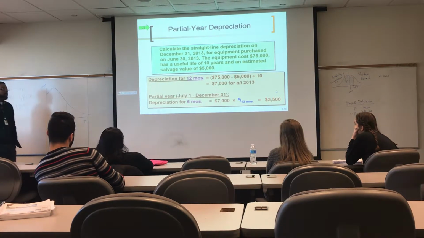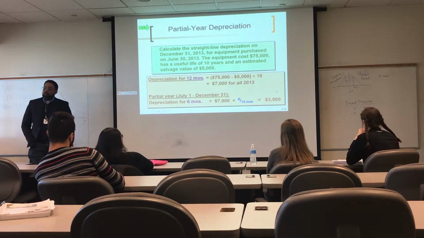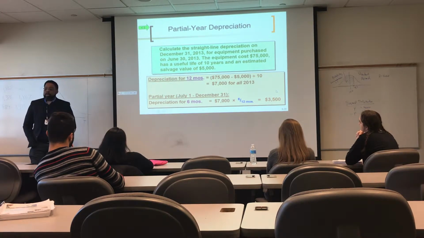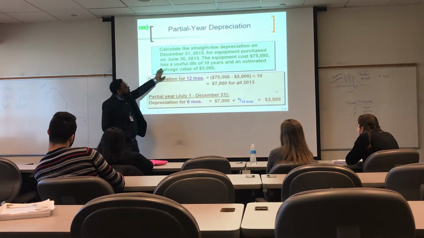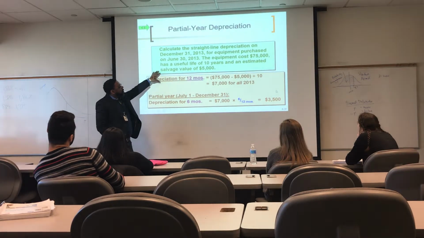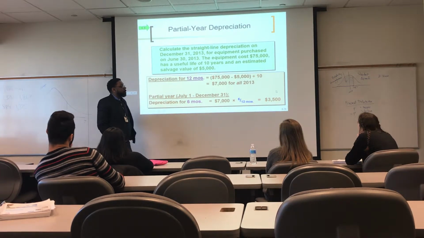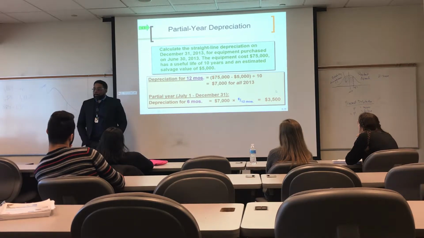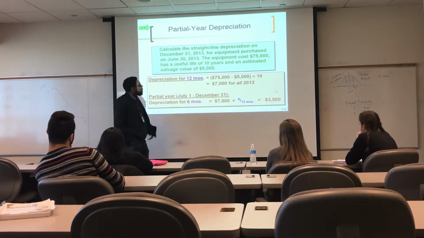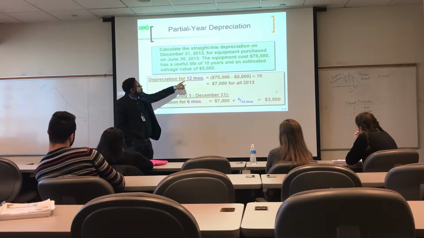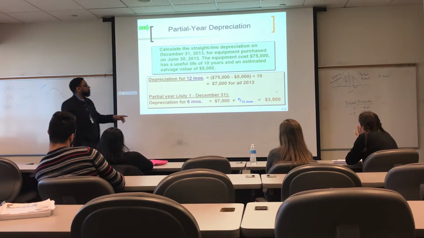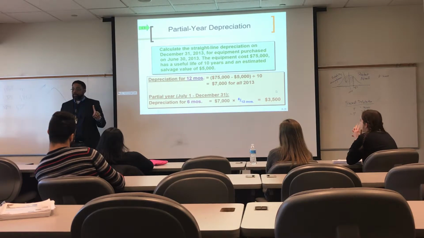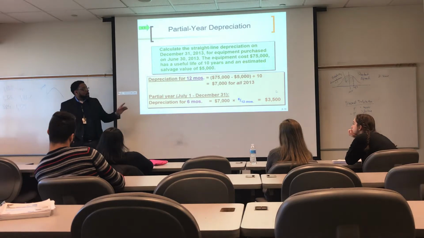One of the last topics we'll talk about is partial year. This is if you get an asset, and most people do, in between the year. So let's say equipment was purchased June 30th. The equipment costs $75,000 and has a useful life of 10 years and a salvage value of $5,000. The first year, you only had the equipment for 6 months, because you got it June 30th, so think July, August, September, October, November, December, 6 months.